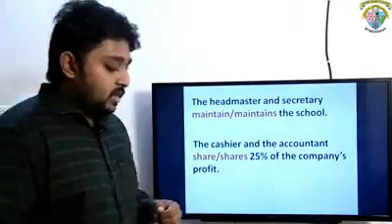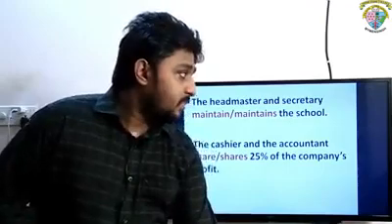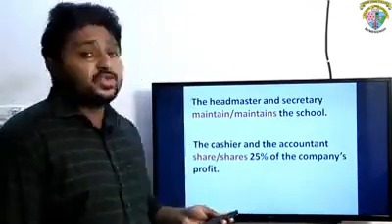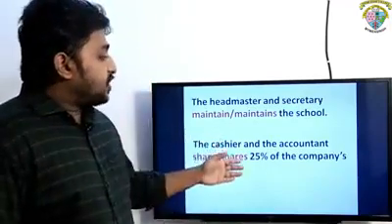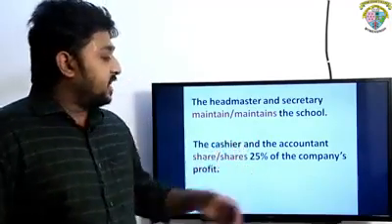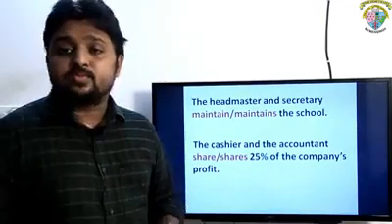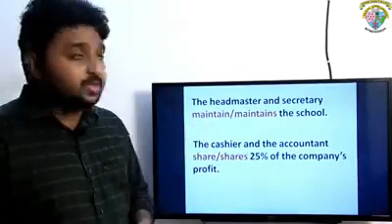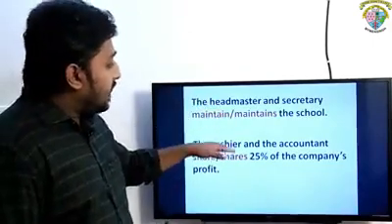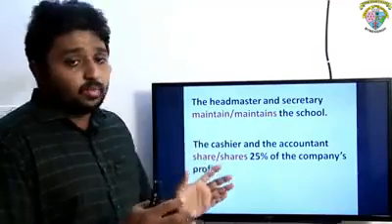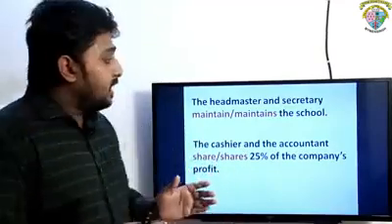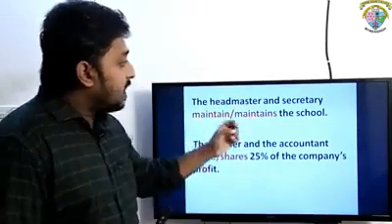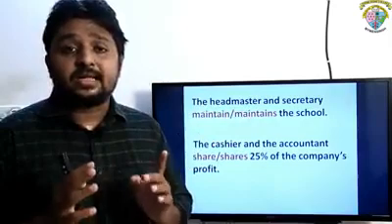Look at the two lines. The headmaster and secretary maintains the school. The cashier and the accountant shares 25% of the company's profit. There are two similar things: in both lines, two subjects are connected with and. But what is the problem? In the first sentence, we get only one definite article, the.